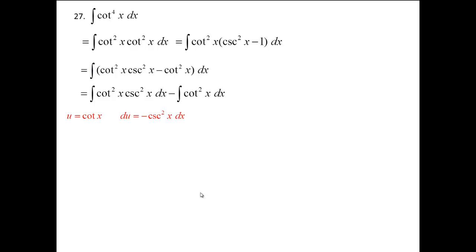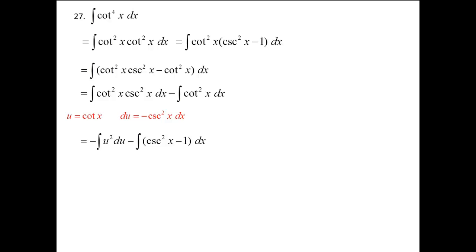After my next step, I take care of my u sub, and that gives me the negative integral of u squared du minus the integral of cosecant squared x minus 1, substituted for the cotangent squared x. Now it should be a pretty straightforward problem to finish.